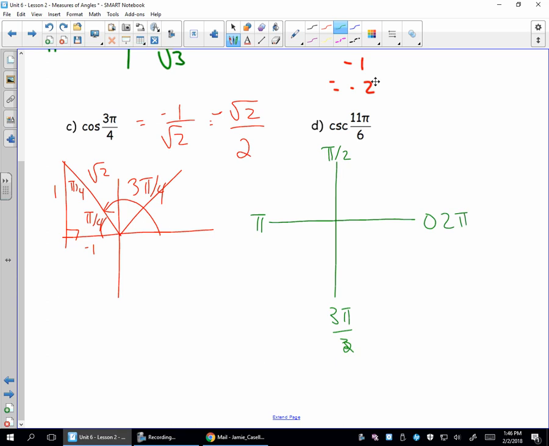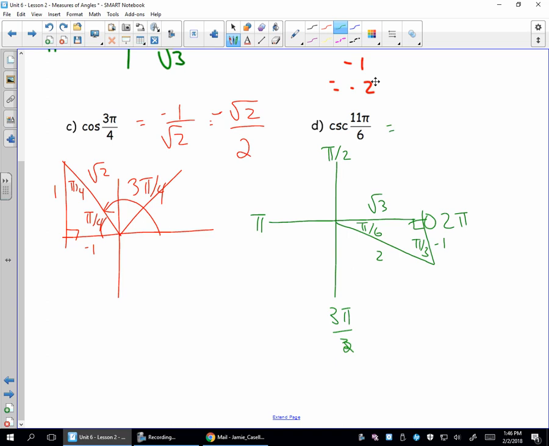I'm just a little bit short of that by pi over 6. If that's pi over 6, that makes this pi over 3. Across from the 3 is a root 3, 2 on the hypotenuse, down 1.